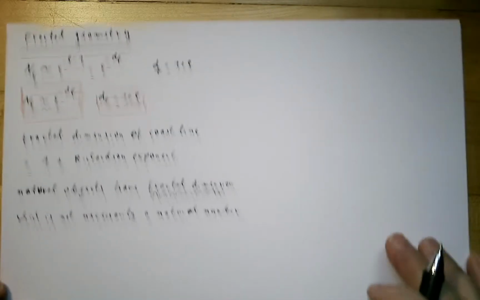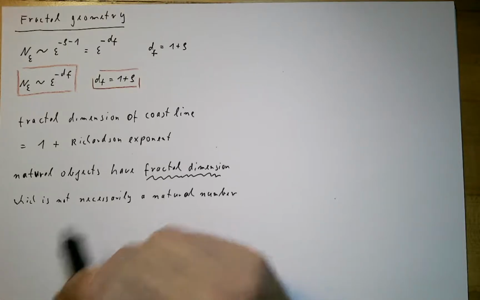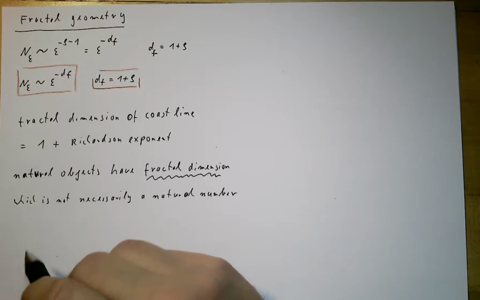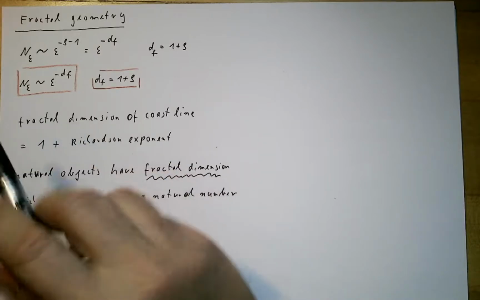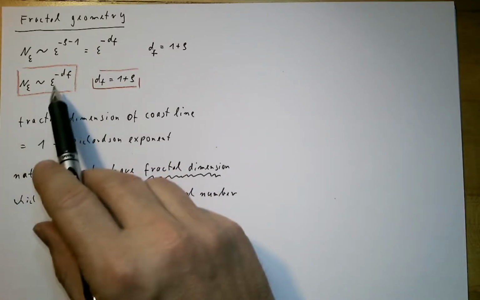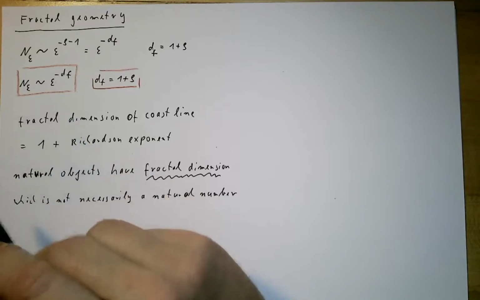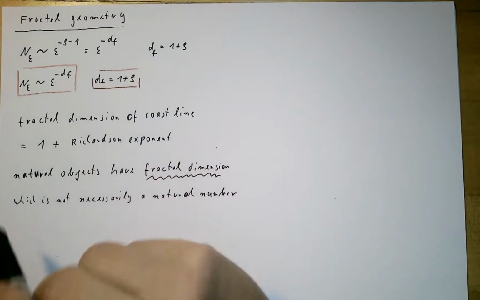And if you think this through, if we take an object of our normal geometry, a straight line, a cube or a rectangle, we can do the same measurement not only for lines but also for areas and for volumes, and we would get very similar things.